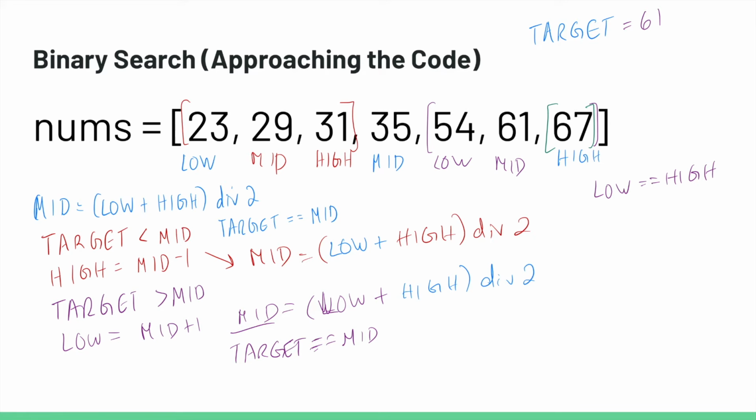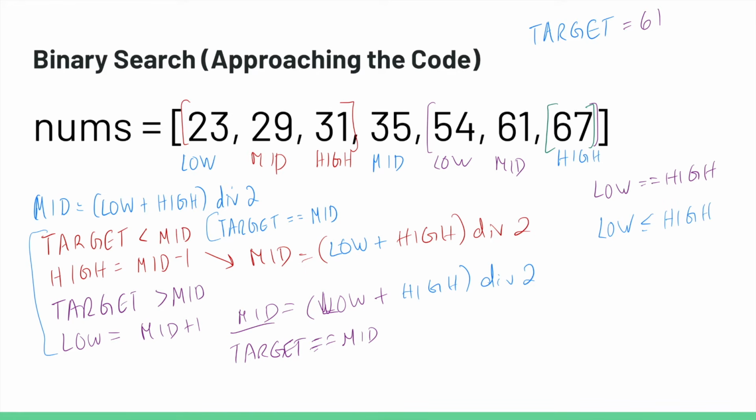So basically, we're going to be doing this whole process. So this process right here, checking whether target is less than mid, greater than mid, and equal to mid, and then subsequently changing our lows and highs, while low is less than or equal to high.